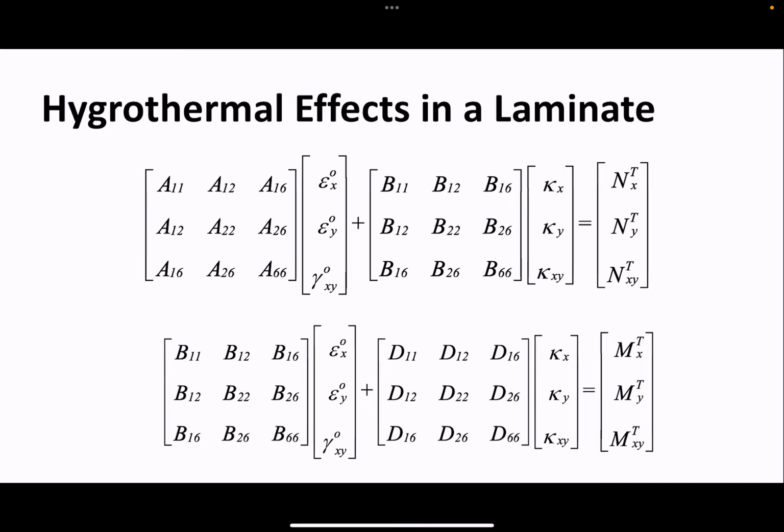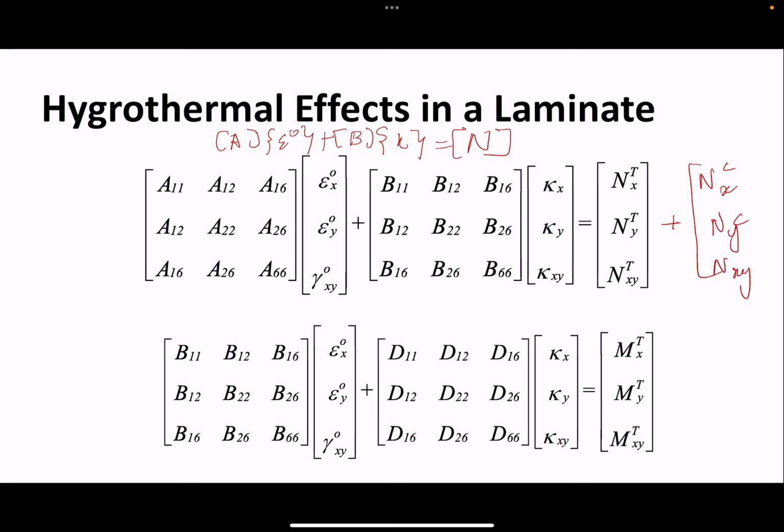So it's the same relationship you have seen, A matrix into mid-plane strains plus B matrix into your kappas gives you your N matrix. It's just that now you can actually separate them into thermal strains or thermal loads and moisture loads.